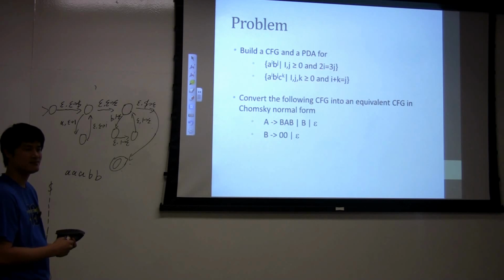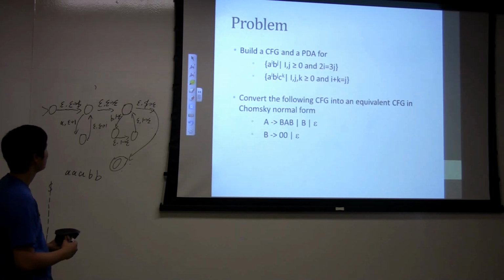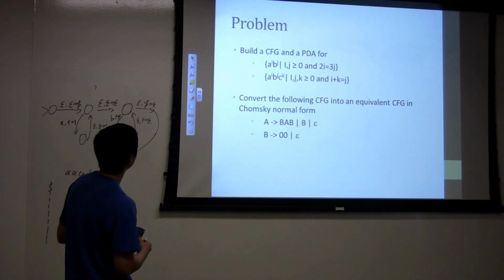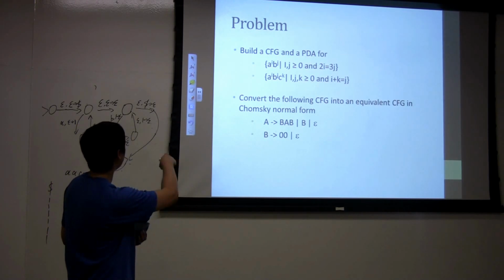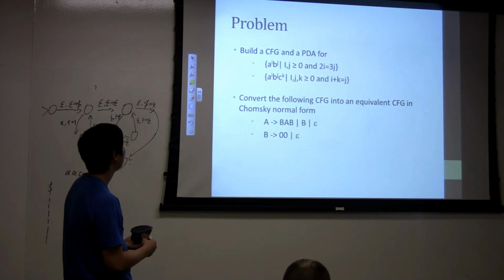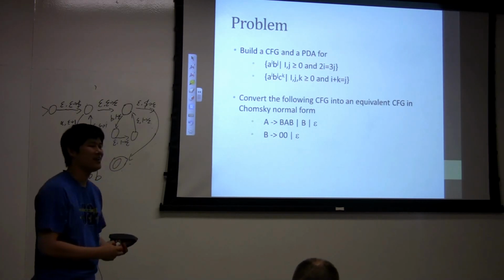Anytime you read an A, you need to read a C, or anytime you read a B, you need to read a C. So A and B both add to the stack, and C takes away from the stack. So j is the largest number.